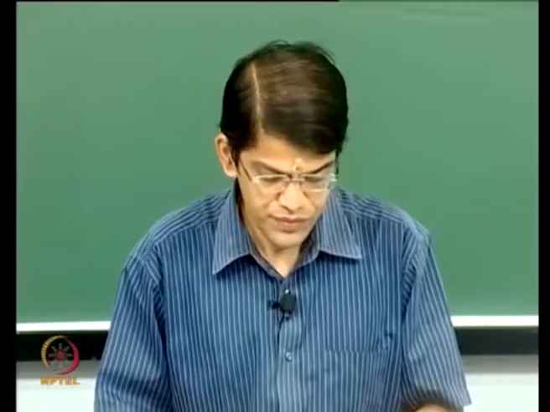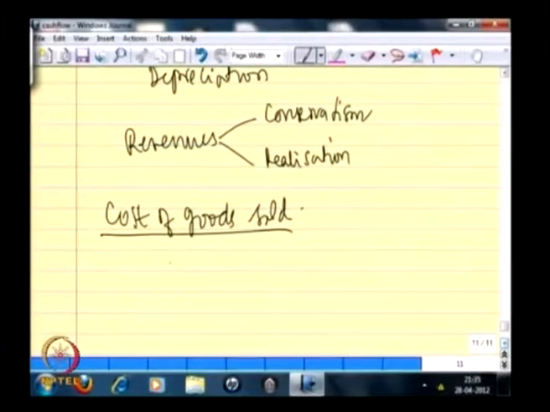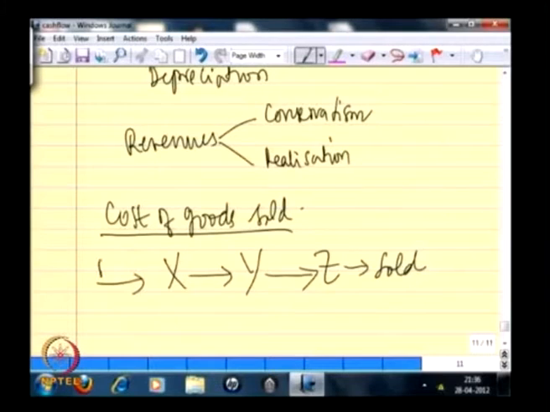Now, if you look at a manufacturing firm, you get raw material X and it involves labor, probably it also involves additional material to get converted into Y, to get converted into Z, which is then being sold. And this process will consume some material plus labor.